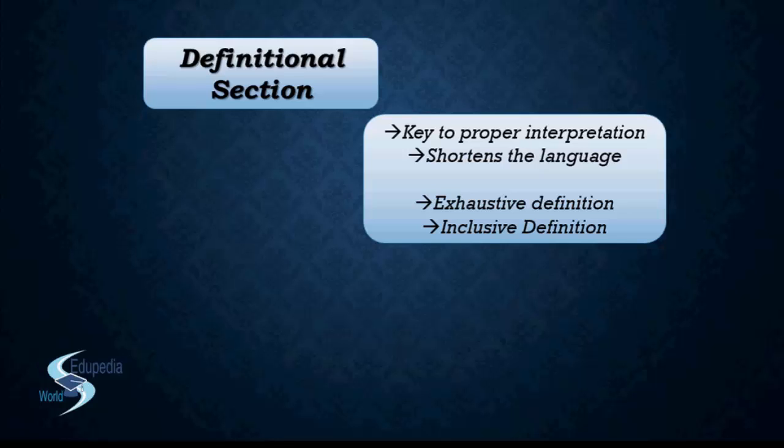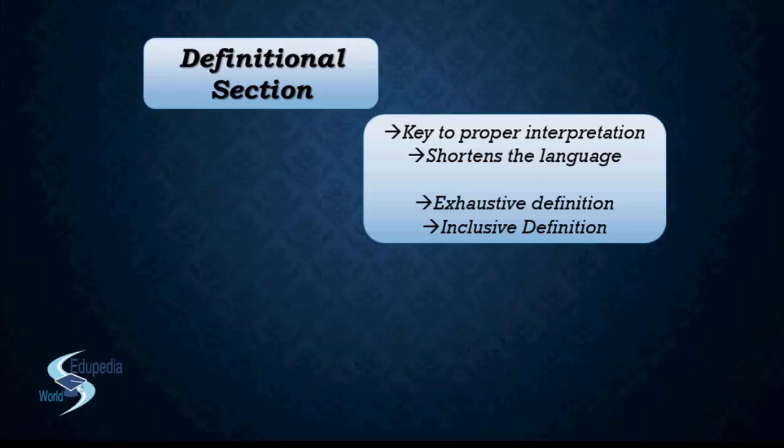Right, when they prepared the statute, they used that specific meaning at the back of their mind to write the statute. So you cannot go ahead with the general acceptable meaning, but when you are talking about any specific statute, any specific act, then you will have to construe it according to what is given in the definitional section. Right, so that is the key to proper interpretation of any specific word.